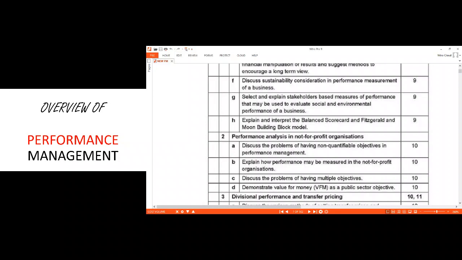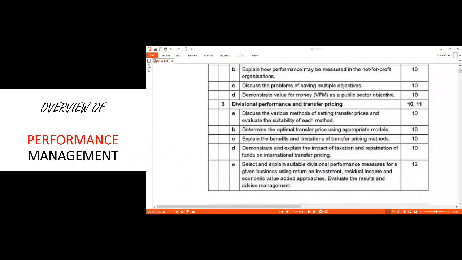We're going to discuss the problems of having multiple objectives and also how value for money audit is suitable in an environment like a not-for-profit making organization.